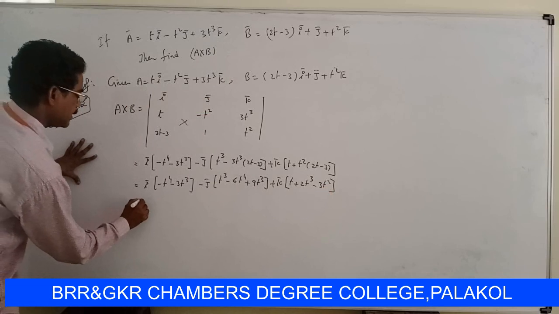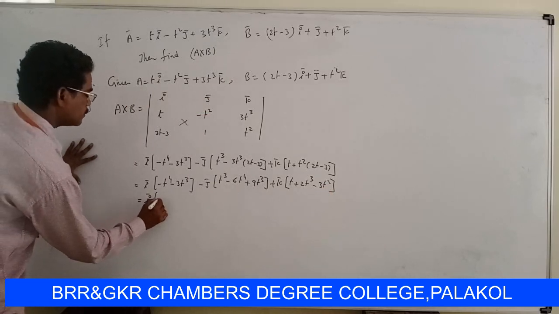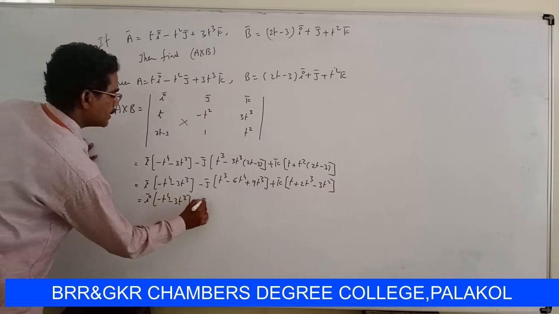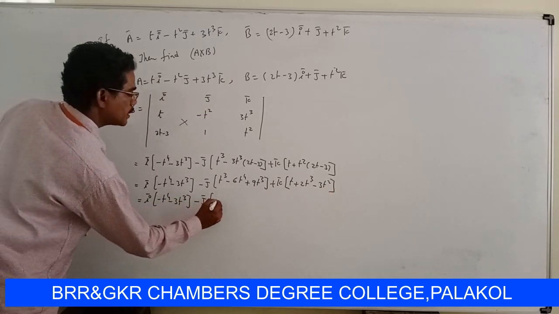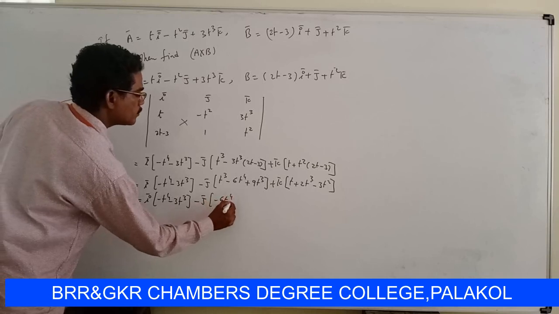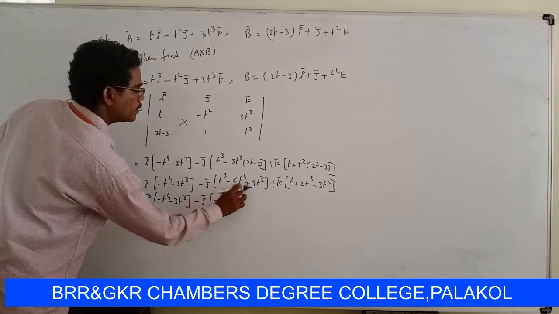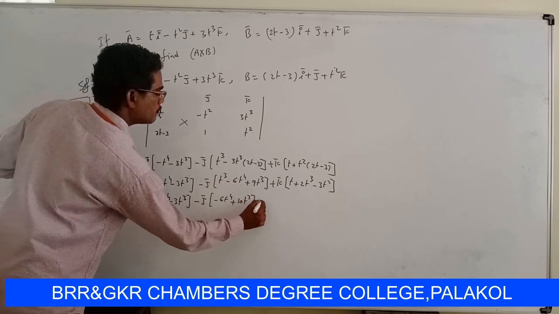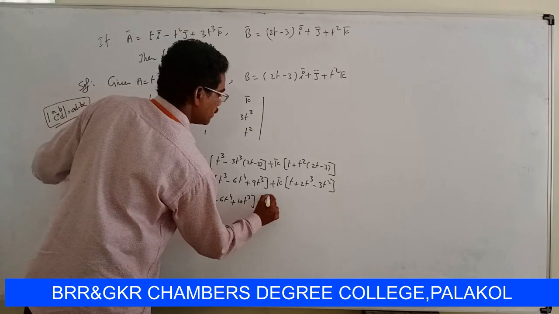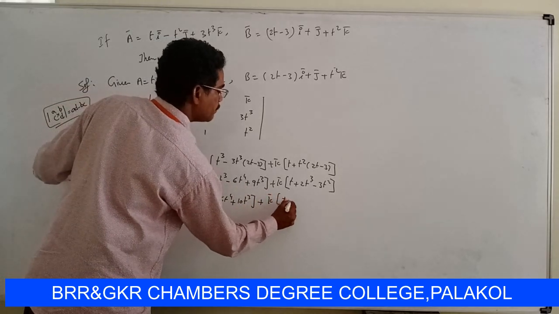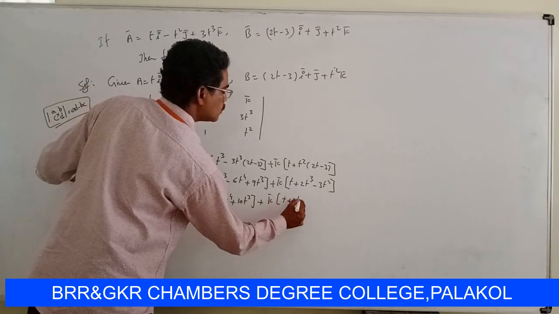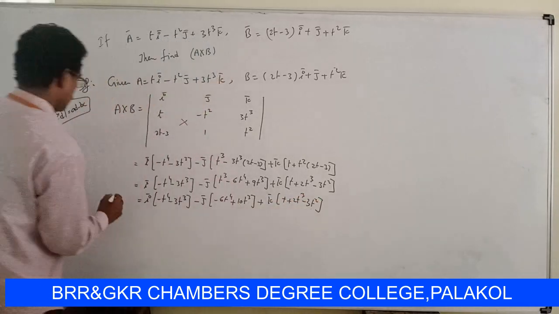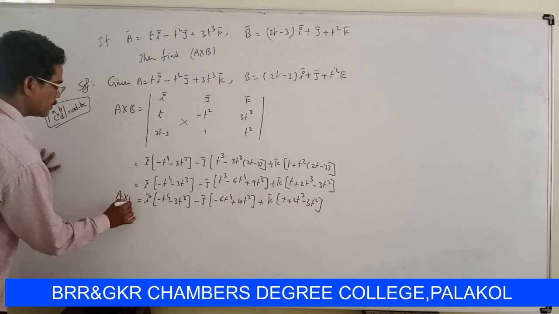So finally it is i into minus t power 4 minus t cube, minus j into minus 6t power 4 and t cube plus 9 plus 10t cube, plus k into t plus 2t cube plus 3t square. So this is the value of a cross b.